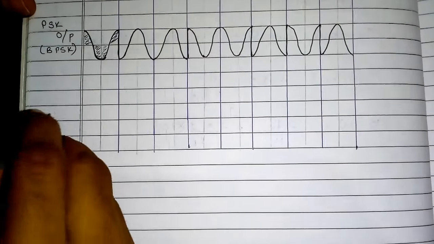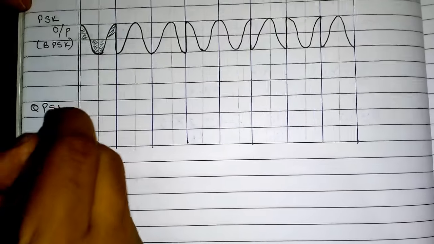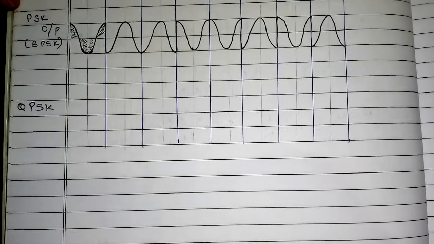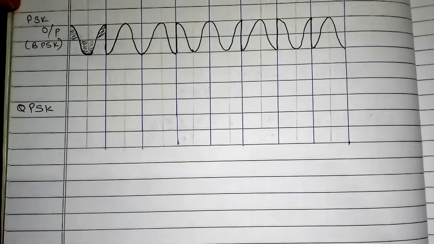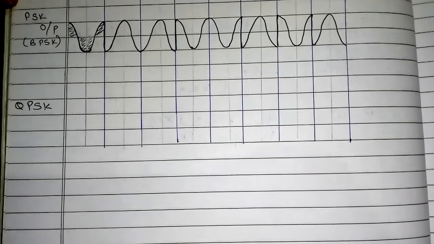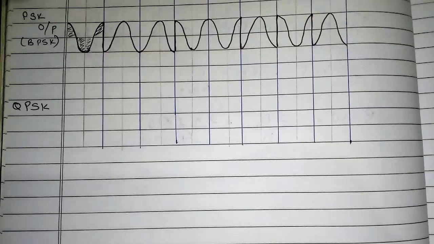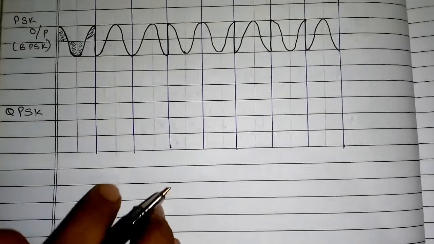Now let's draw for QPSK, that is quaternary phase shift keying. In QPSK, two adjacent bits form one angle.